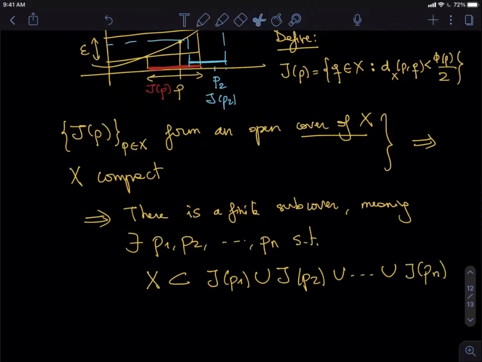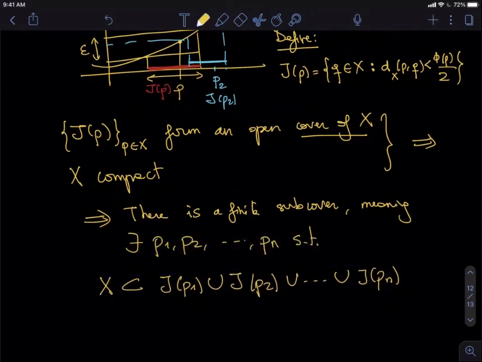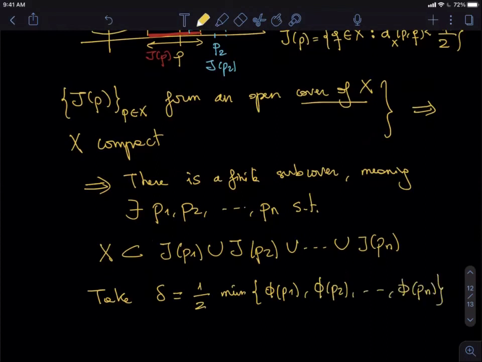And here comes the big trick. Because we have finitely many of them, we can take our delta. Finally the delta appears. Remember, there exists some delta, so somehow we need to find it. We're going to take 1/2 of the minimum of these phi of P1, phi of P2, all the way to phi of Pn.